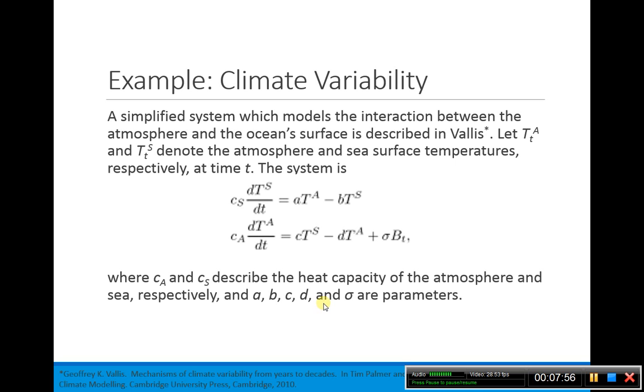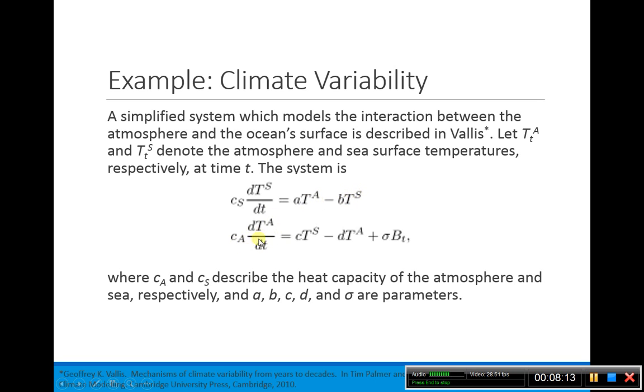And so here they model this equation, in that the change in the temperature at the surface is going to be a result of the temperature in the atmosphere and the temperature at the surface.